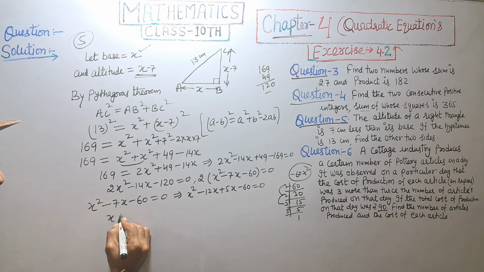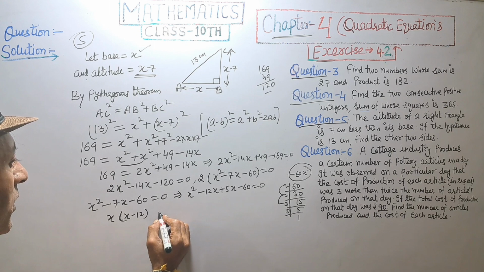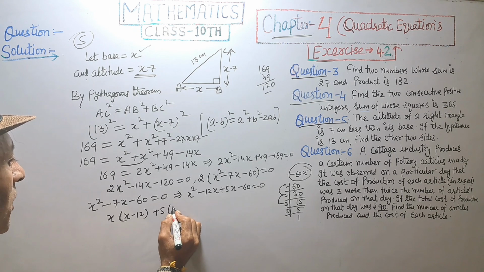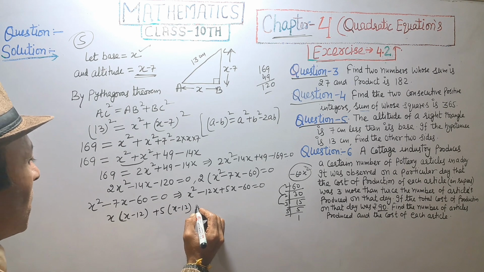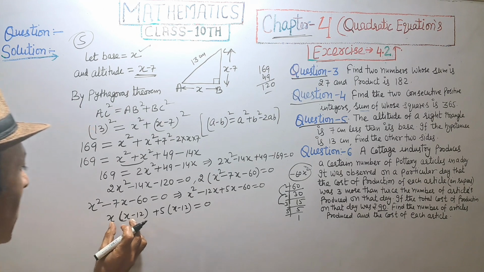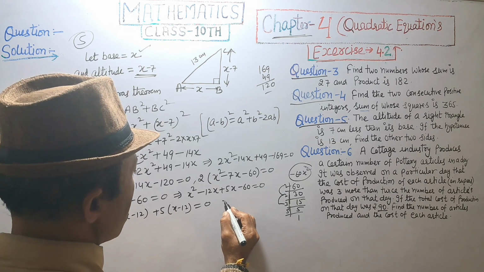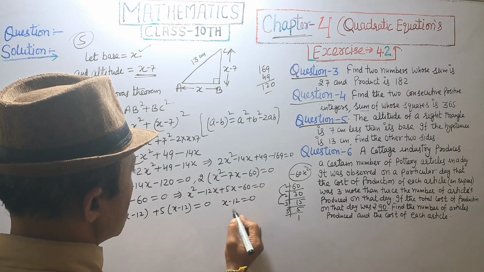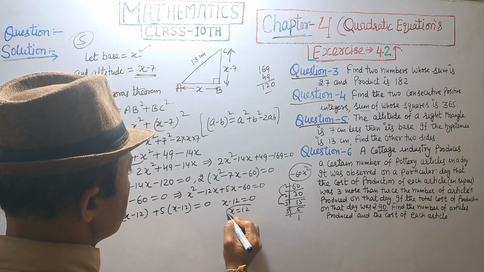So x common, x into (x minus 12), plus 5 common, 5 into (x minus 12), equal to 0. So x minus 12 equals 0 means x equals 12.